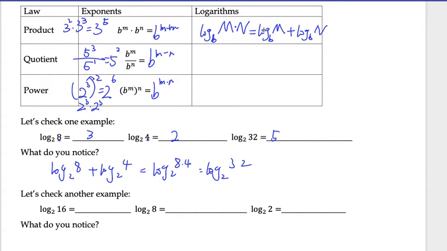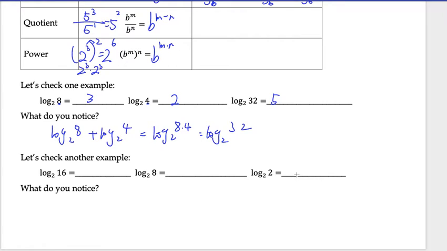Same as if I add two logs, I can multiply the arguments together. Okay, so this is the first logarithm property, the product property. When we multiply the powers, we can break it down into the sum of two logs.